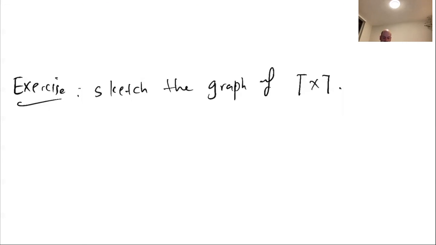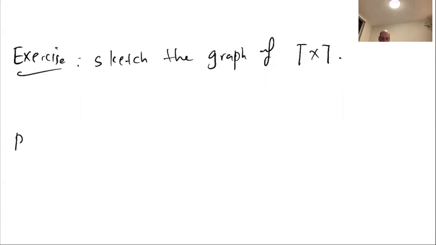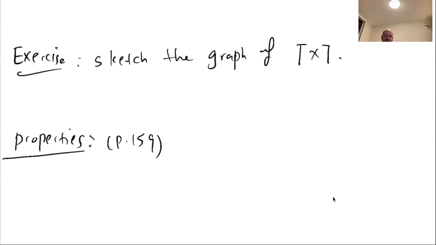Okay, now let's look at some properties of floor and ceiling. The properties are mentioned in your book, so it's on page 159. But let's look at a few of them.